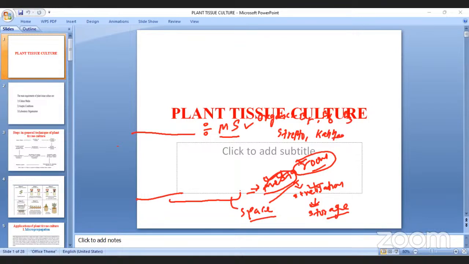These antibiotics are also utilized as organic supplements.